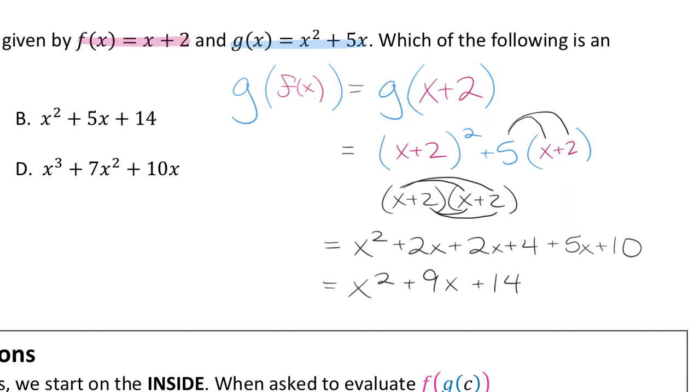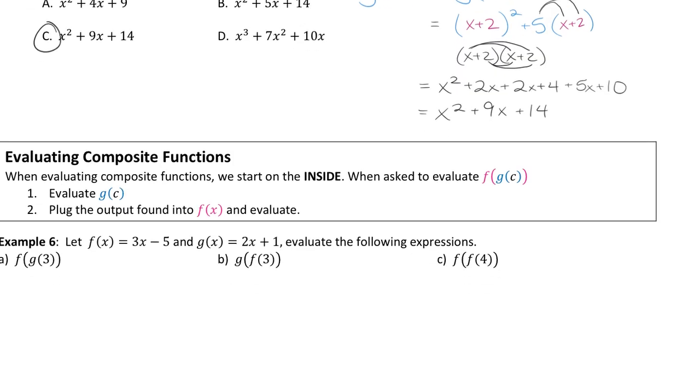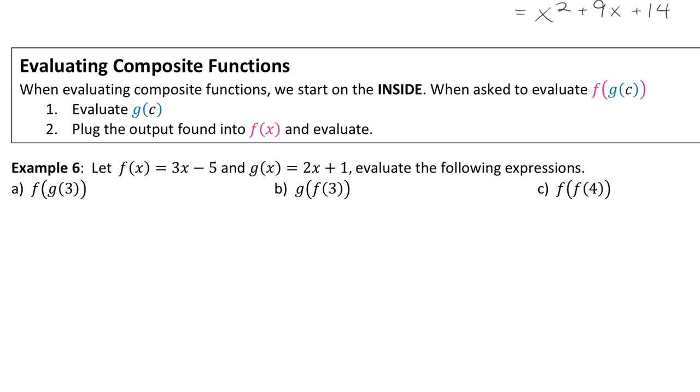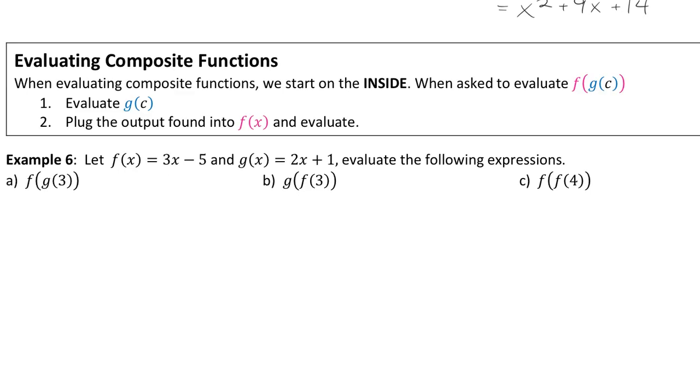Okay. Once we've done some composition with functions themselves, we are also going to be asking you to evaluate composite functions. Now your warm-up today, the blue kit, was me asking you to evaluate regular functions. So this is just doing it multiple times. When this happens, we are going to work starting on the inside.